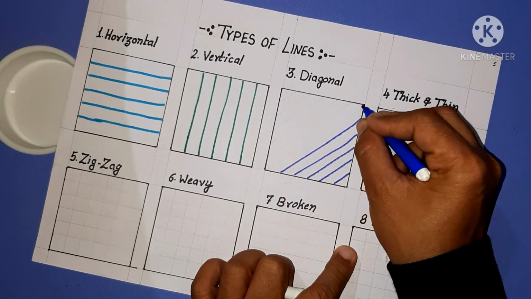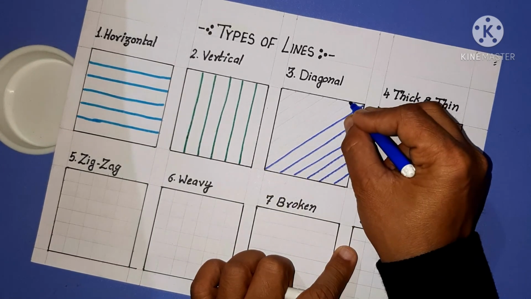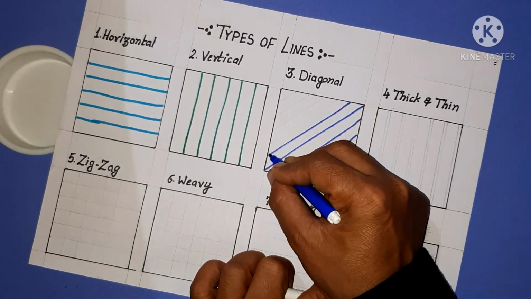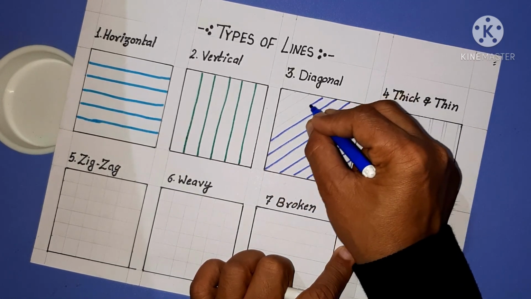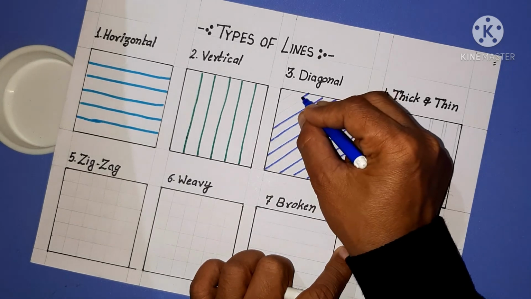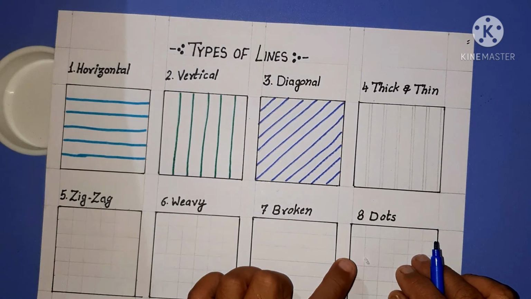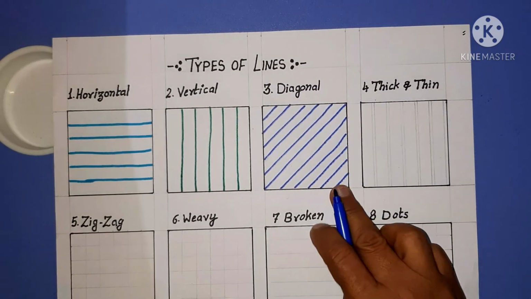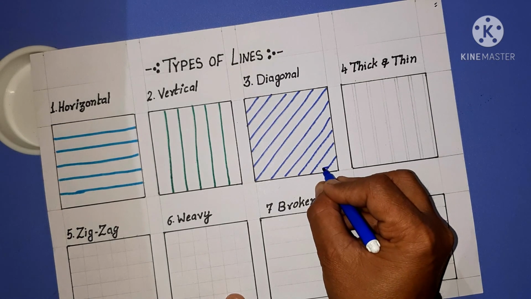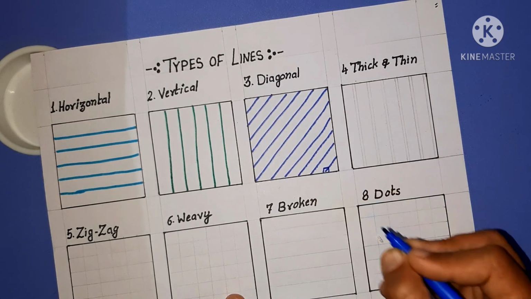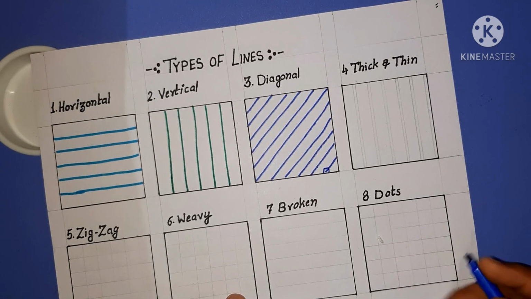Here I am making perfect diagonal lines of 45 degrees. The impact of diagonal lines on the figure all depends upon the angle. If it has an angle of 45 degrees, then it will not give any optical illusion to the figure.